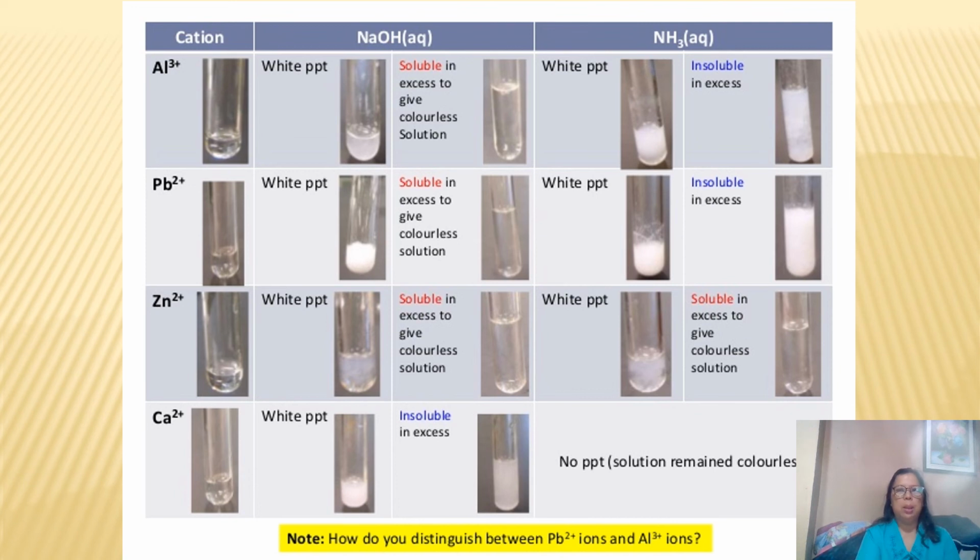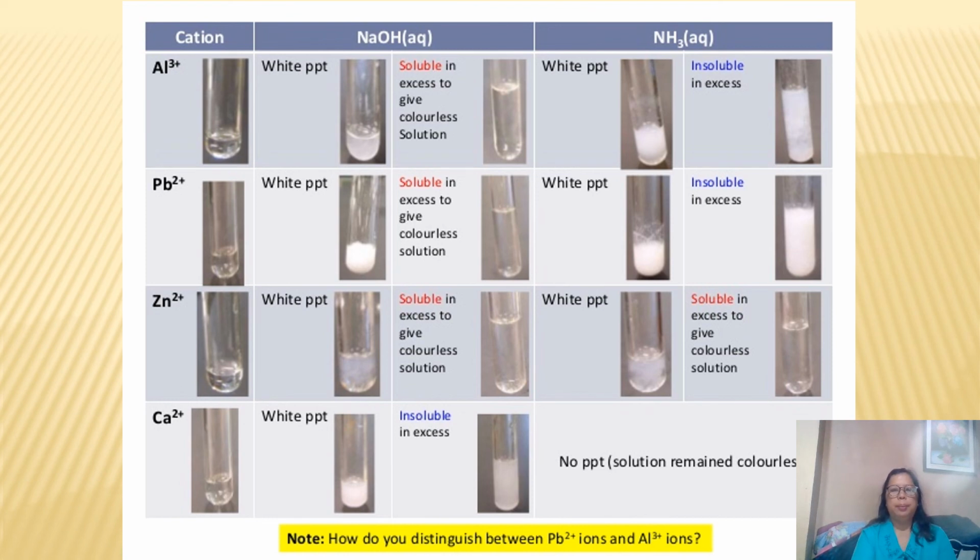White precipitate for sodium hydroxide, white precipitate again for sodium hydroxide, a gelatinous white precipitate that is nearly colorless in nature, but you could see the difference, of course, from the original sample of the zinc. Calcium will also yield white precipitate with sodium hydroxide.